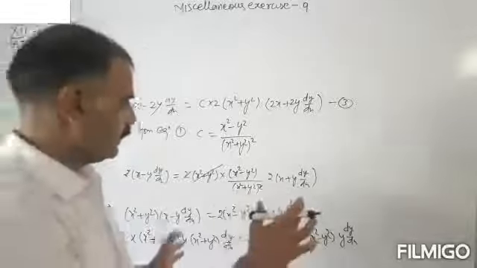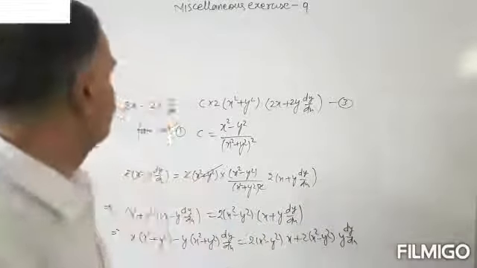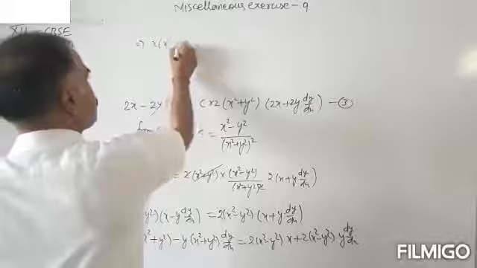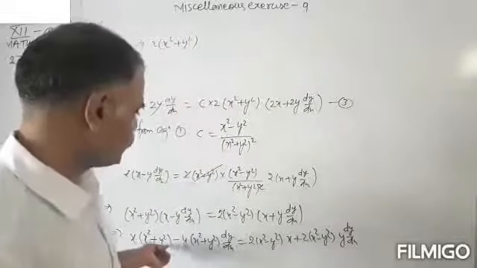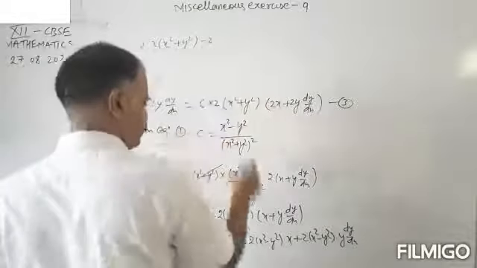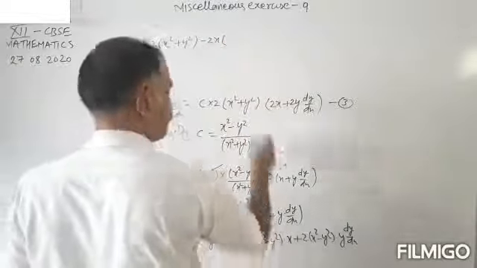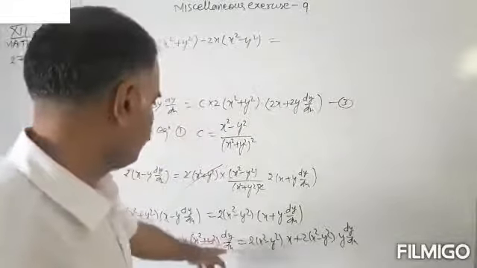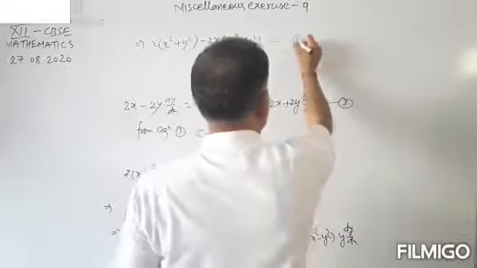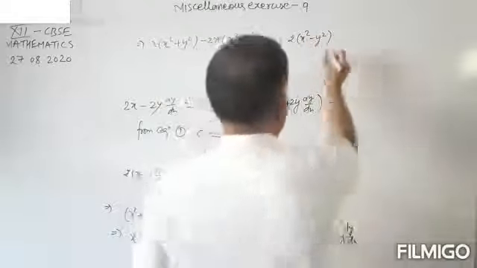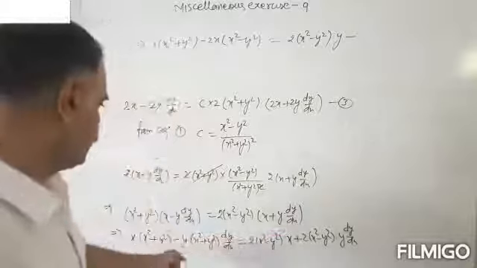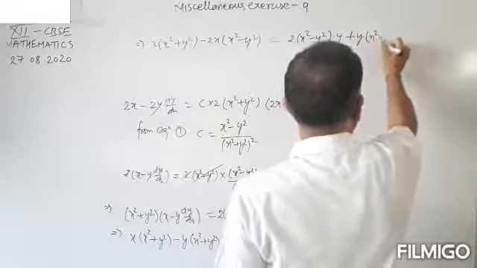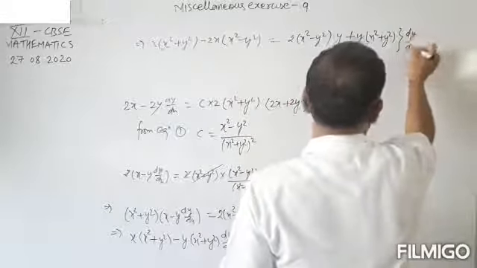Now putting like terms together, we have x into (x square plus y square) minus (x square minus y square) into x equals y into (x square minus y square) plus y into (x square plus y square) dy upon dx.